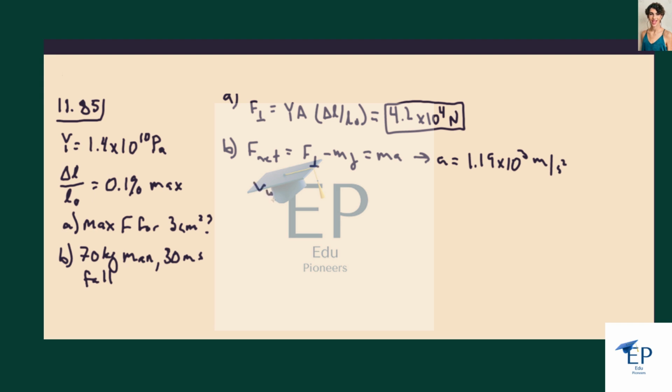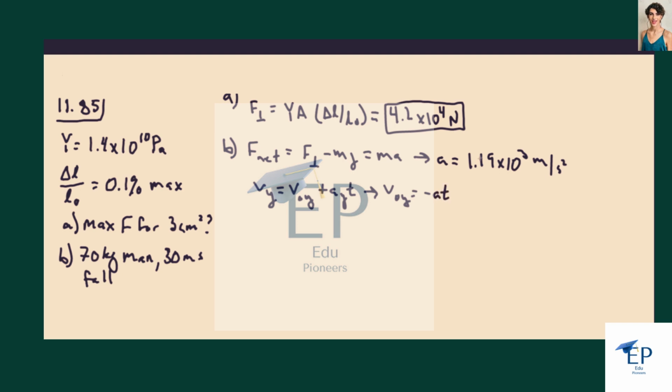So now, vy equals v naught y plus ay t. If he stopped, then vy is 0. And so his initial speed v naught y must be equal to negative a t.